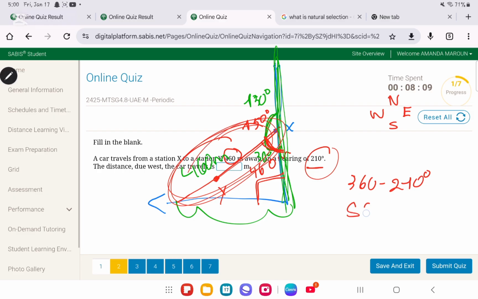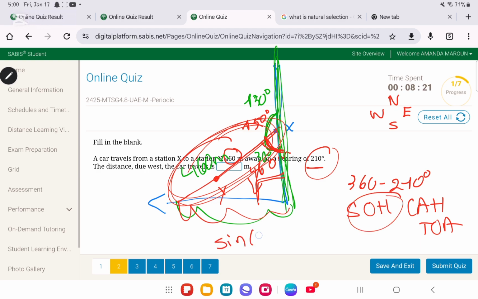And if you remember SOH CAH TOA, okay? We have the hypotenuse and we need to find the opposite to the angle of 30. So we are going to apply the sine. So sine of 30 is equal to the opposite divided by the hypotenuse, which is 460 meters.